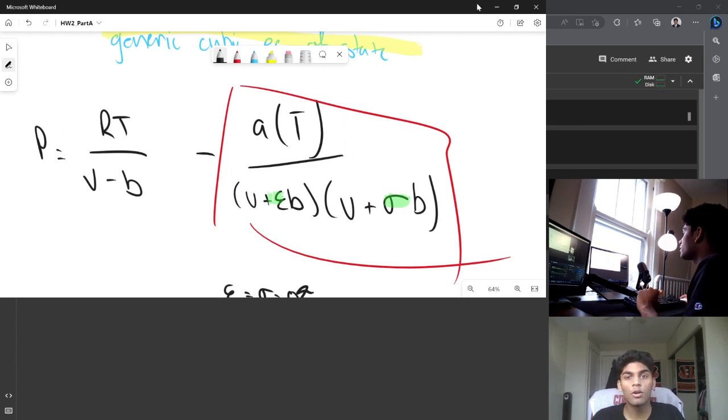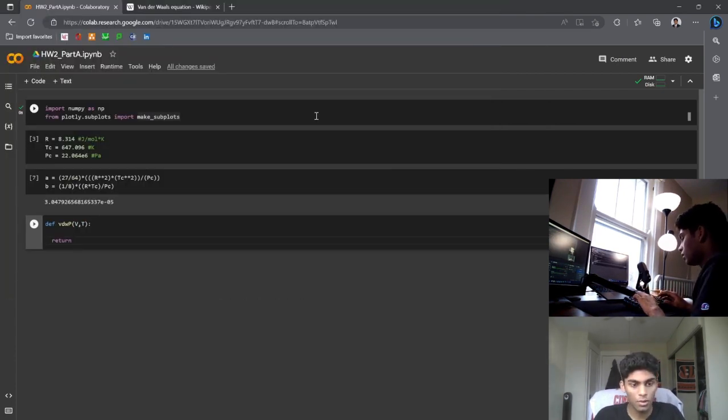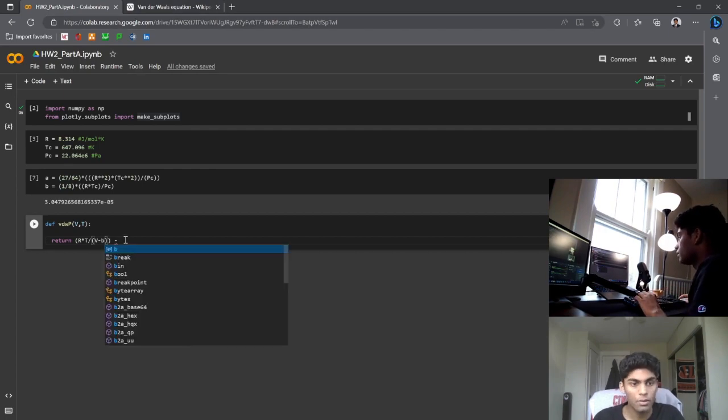So P is equal to RT over V minus b. So R times T over V minus b, right? And it's going to be minus, sorry, lowercase b here.